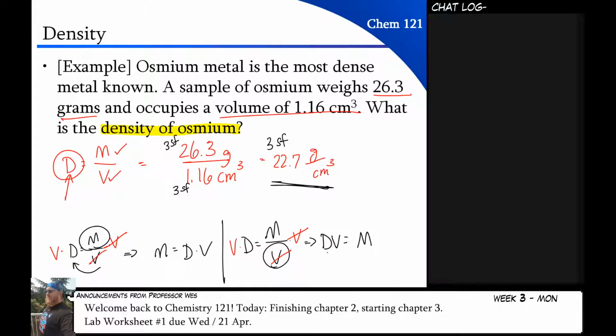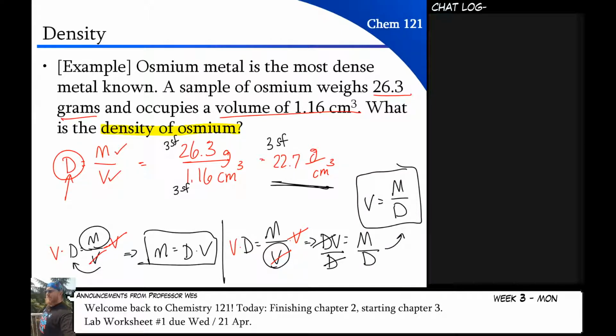And then, now that you have V on top, you could then get V by itself by dividing both sides by D. So there are some equations that you can run into that are just manipulations of the density equation based on whatever problem you're going to encounter. So on the next slide, I'm going to give you a problem, and you might have to rearrange the equation a little bit so that you could solve for whatever it's asking for.